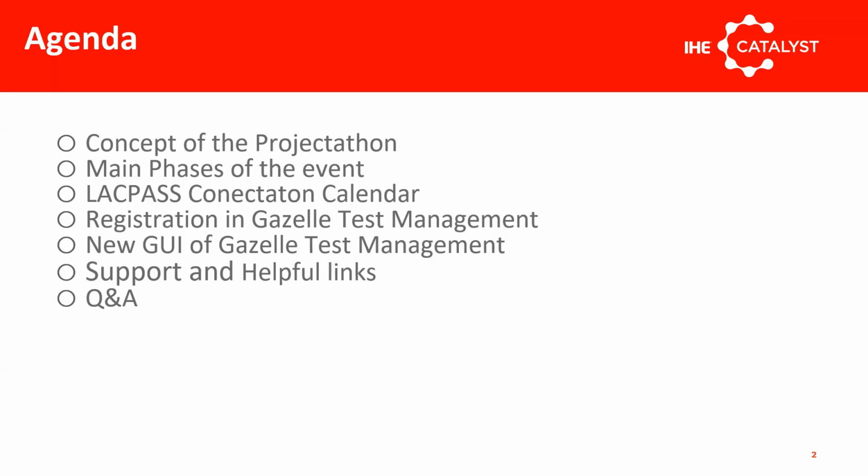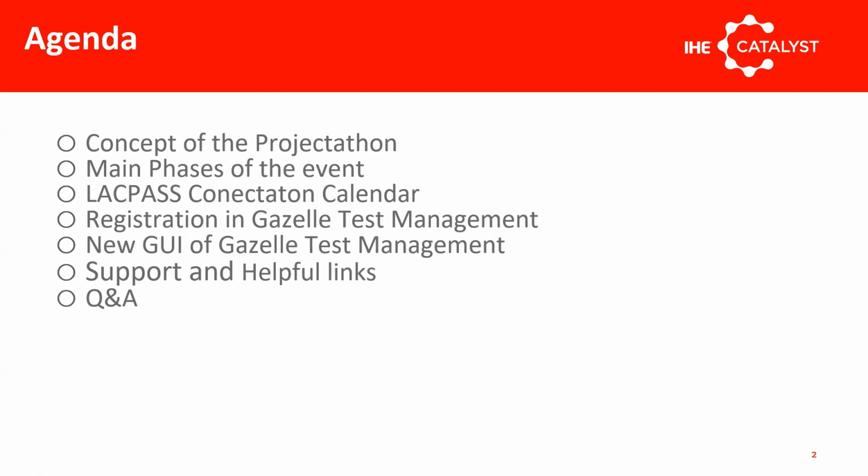In the third part, I will talk about the LagPass Connectathon calendar. We will highlight important dates, deadlines, and milestones that participants should be aware of. After that, I will switch to Gazelle and show you how to perform the registration in the Gazelle tool.